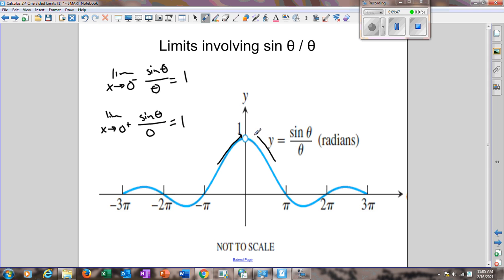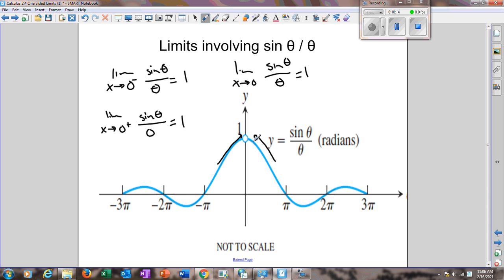My y is getting closer and closer to 1. And so since they're the same, the limit as x approaches 0 of the entire thing, sine theta over theta, equals 1. So I came from the left, and as I came from the left with my x's, the y's got closer and closer to 1.